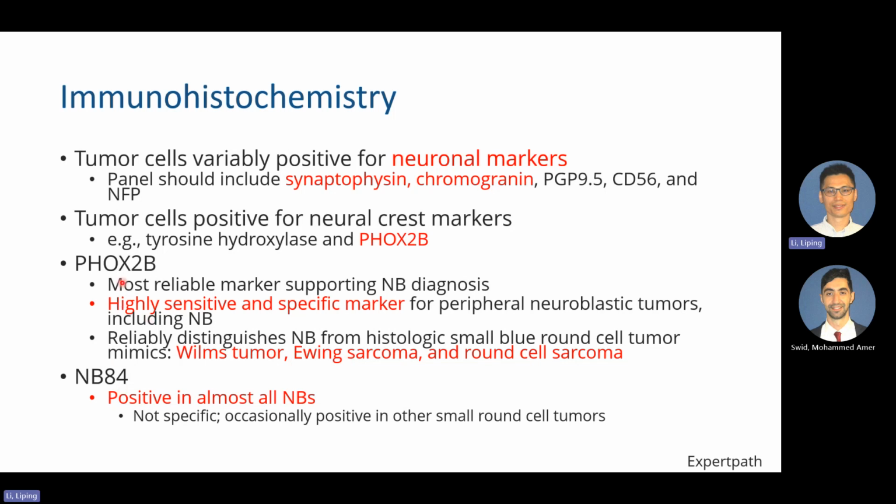I don't know whether we can get them in the test. So we just basically use our neuroendocrine markers, synaptophysin and chromogranin, and then we need to combine other markers to differentiate it from other small blue cell sarcomas and carcinomas.